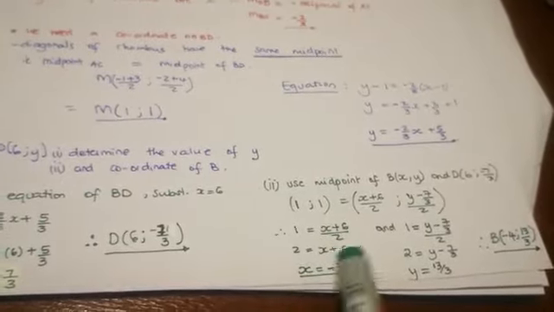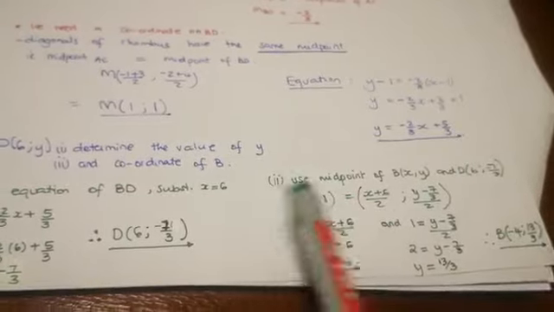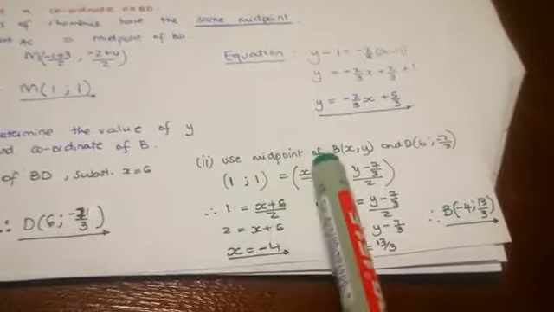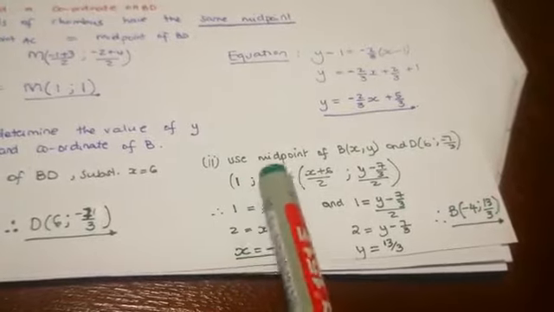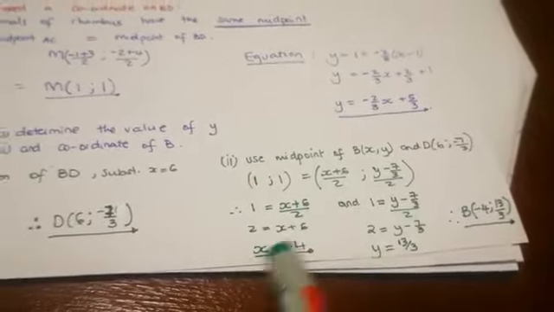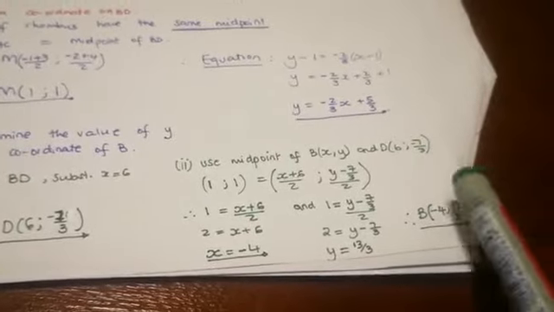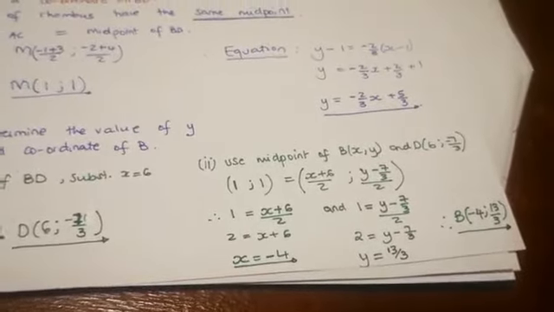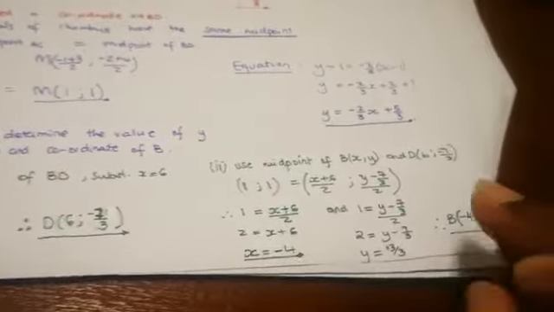And then you work backwards, which is similar to what we did earlier on. So then you equate the x's together, then you equate the y's together, and you solve for x and y. And then the coordinate becomes (-4, 13/3). Please leave it like that. Don't write it as a decimal.